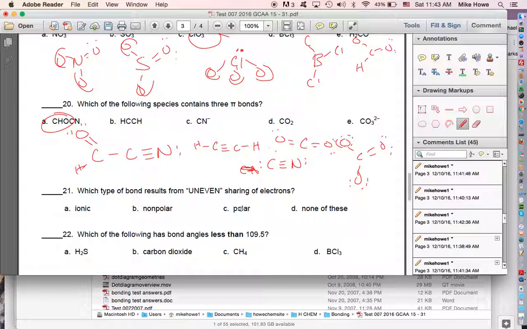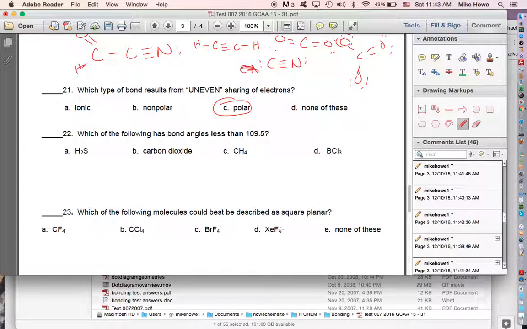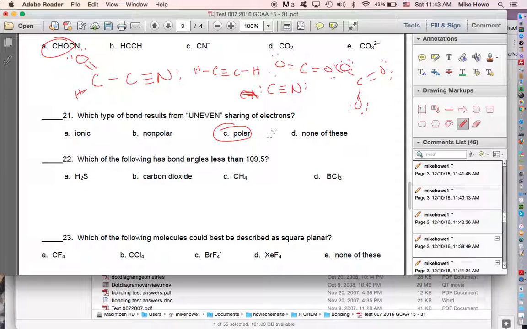The type of bond that results from uneven sharing of electrons, uneven, just reminding you that's polar. And which of the bond angles is less than 109.5. Carbon dioxide we just drew up here somewhere, right here. So that's 180. CH4 looks like this. 109.5.